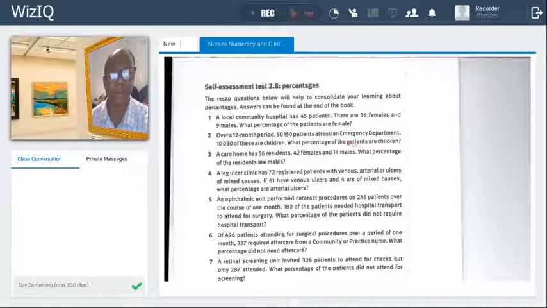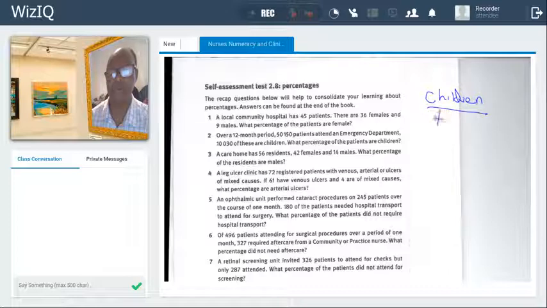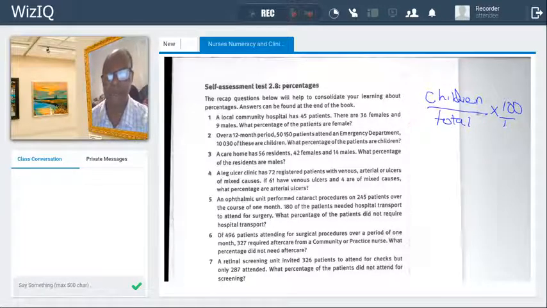So again, we have children divided by the total, and multiply by 100. You can put it over 1, it doesn't change anything, but it helps you to see the balance. The number of children is 10,030.